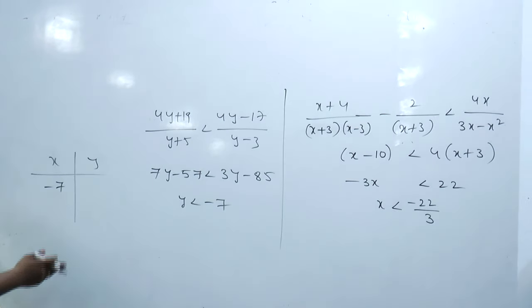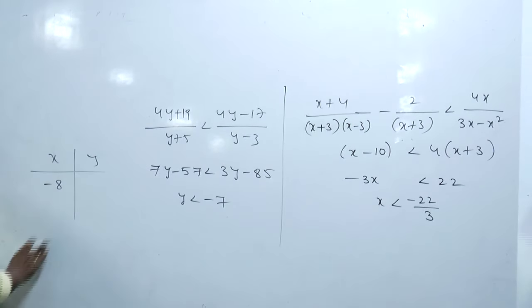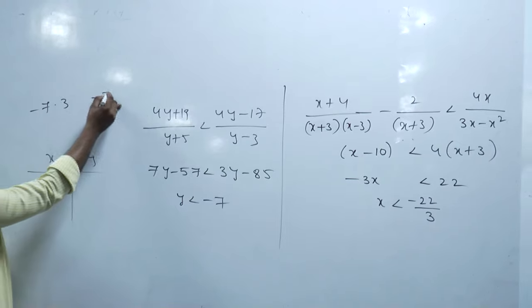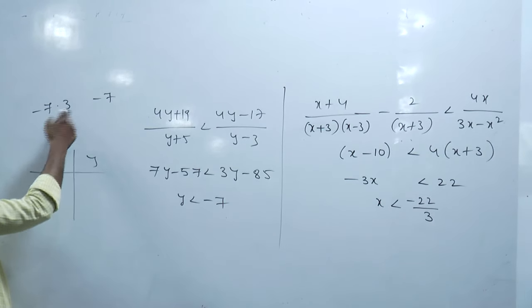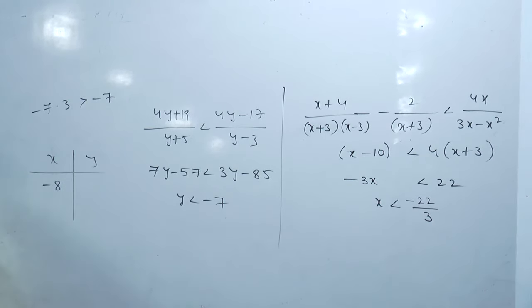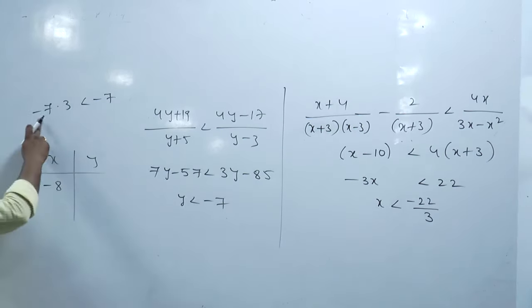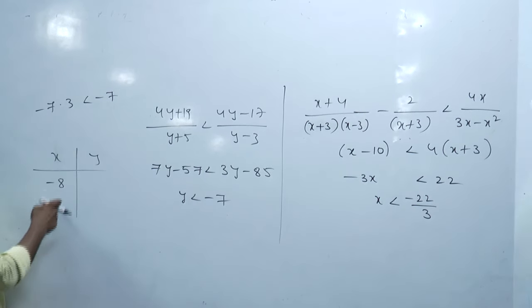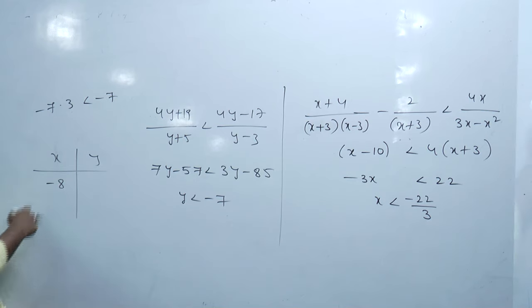I think I should take -8, not -7. It is -7.3 something and then -7. This is more than -7, right? Less than. So our value should definitely be less than -7.3. So I cannot take -7 here. I should take -8.